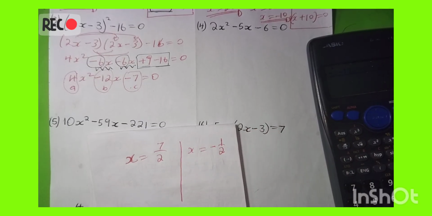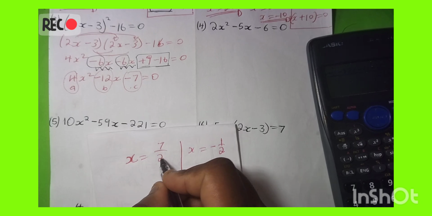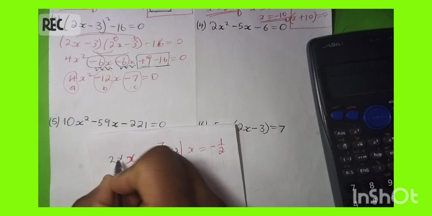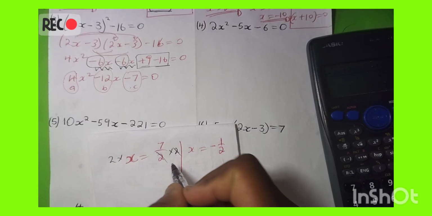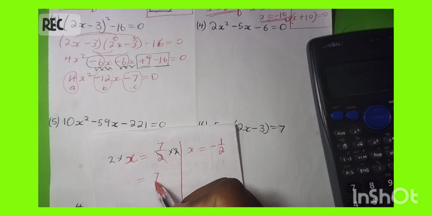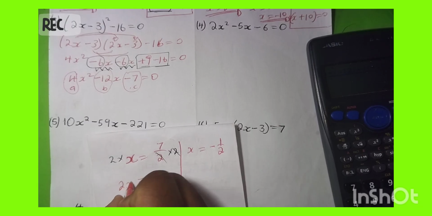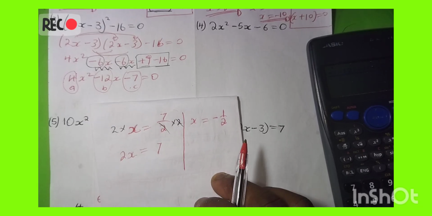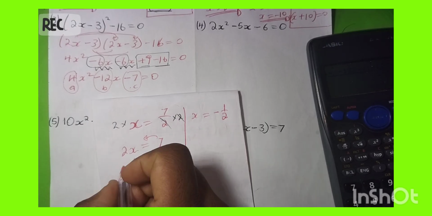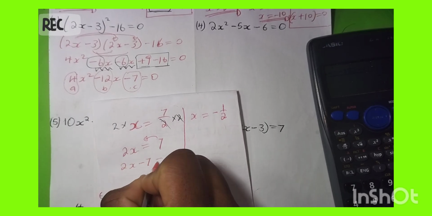To factorize this and remove the fraction, you can multiply both sides by 2. The 2 will get cancelled, and you will get 7, which is x. Then you take this to the other side, so that it becomes -7.